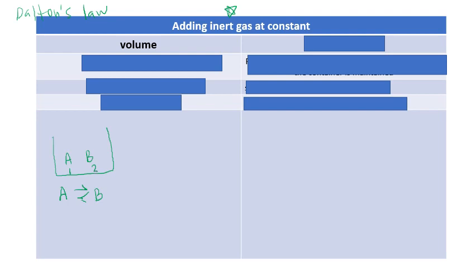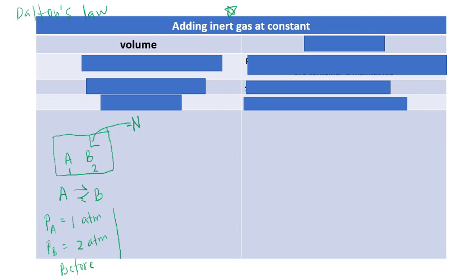This is a closed container. The partial pressure of A before the inert gas is added is 1 atm, and the partial pressure of B is 2 atm. Now let's say we add the inert gas, neon for example.